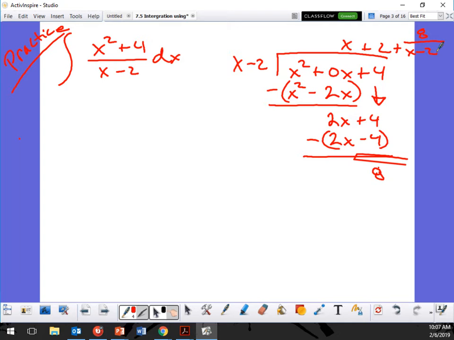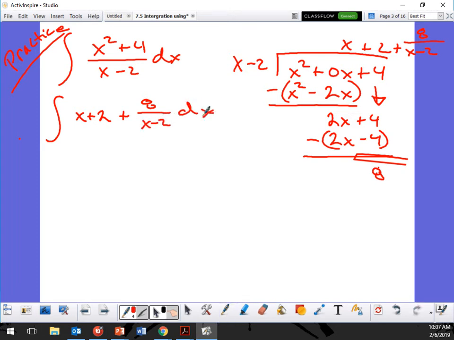So my integration now is going to be the integral of x plus 2 plus 8 over x minus 2 dx.